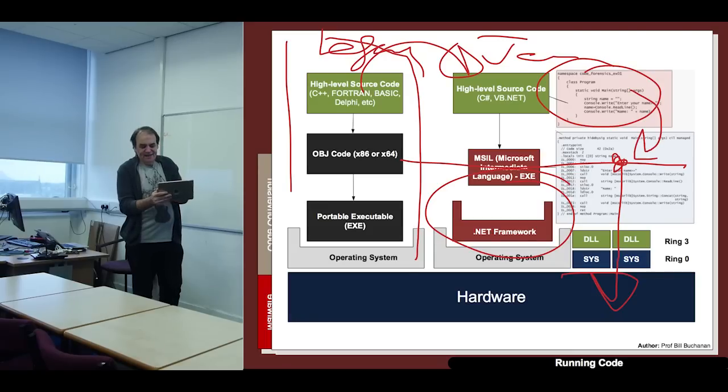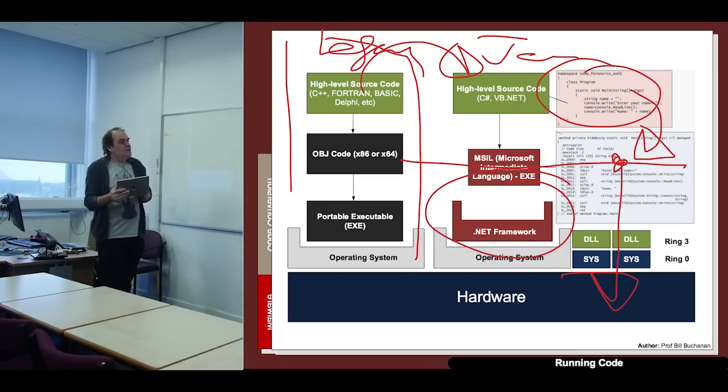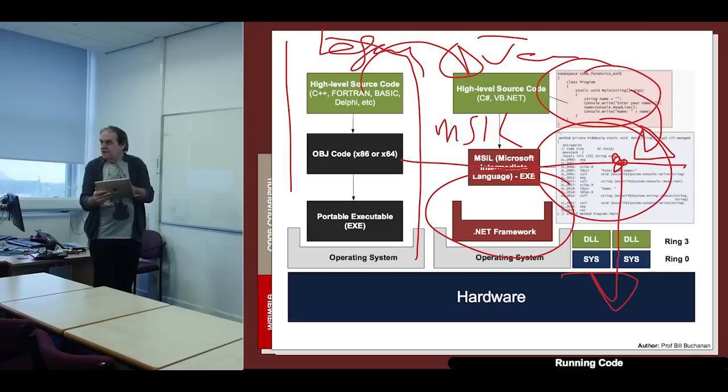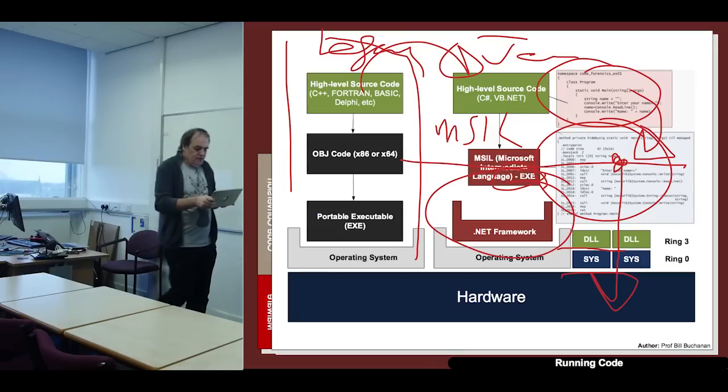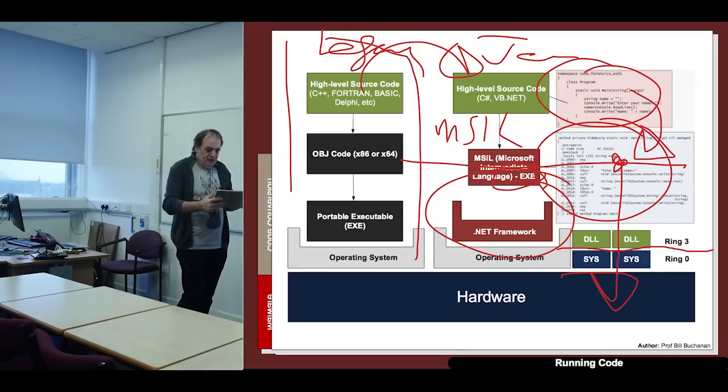We compile it or assemble it into this intermediate format, MSIL, and then that's the thing that's actually run. So a .NET program will run quite happily on an Android device or an Apple device, as long as the .NET framework is installed.